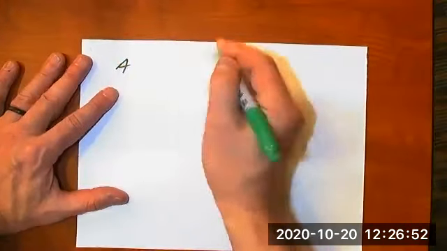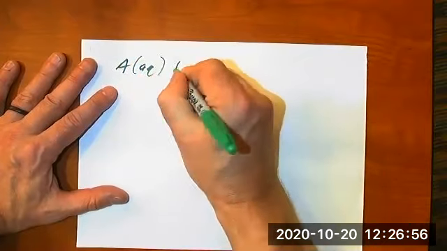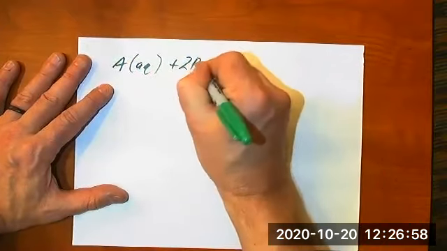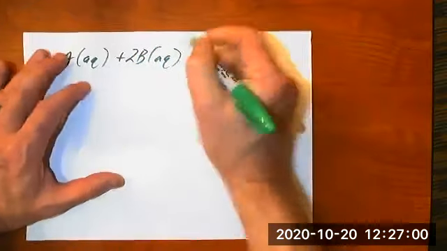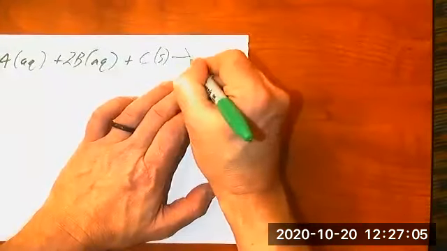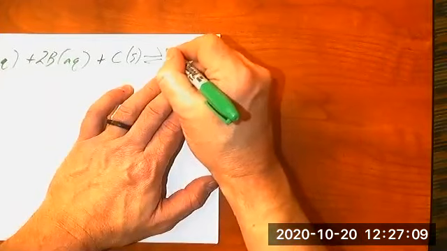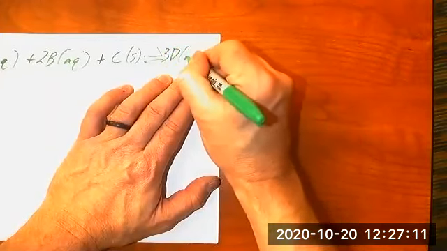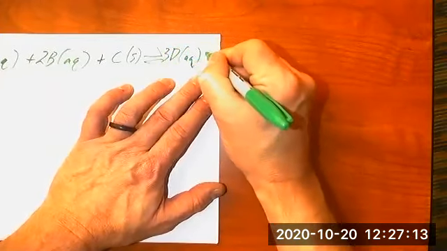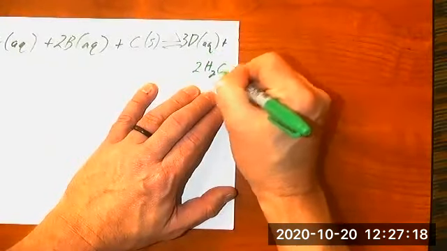something like A aqueous plus 2B aqueous plus C solid is in equilibrium with 3D aqueous plus 2H2O.